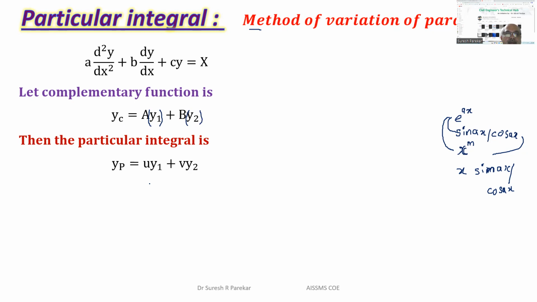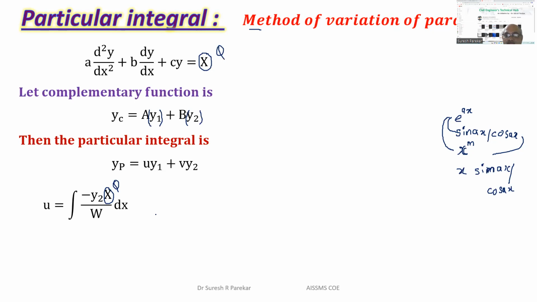Now u we find using the formula minus y2 X into dx, where X is the part which we called Q in earlier problems, the right side.